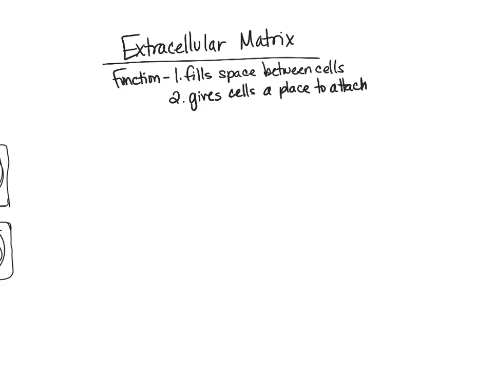Again, if we think of bone cells, we have the actual bone cell hanging out in there, surrounded by this very hard, crystalline extracellular matrix. The bone cells are able to attach to this and hang out inside of little tiny spaces in there. Also, sometimes it contains nutrients.